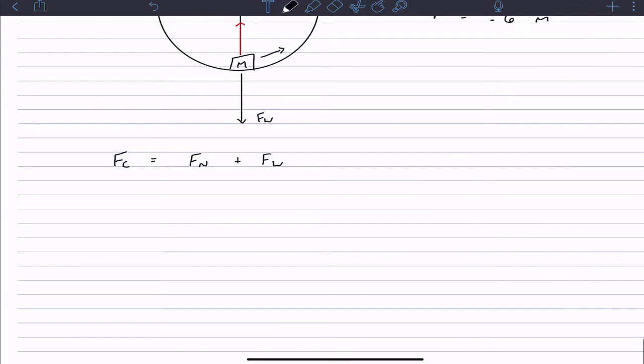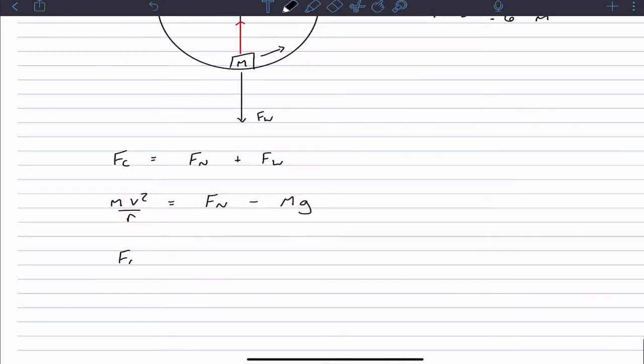So that means that mv squared over r is equal to the normal force minus mg. So we can figure out what the normal force is because we know all of this information. So let's just plug that in and keep going.